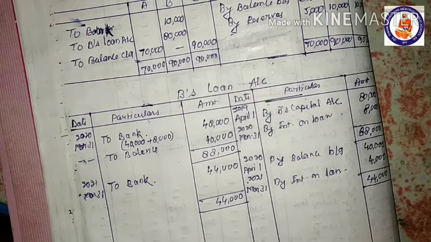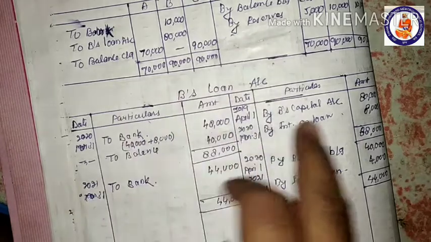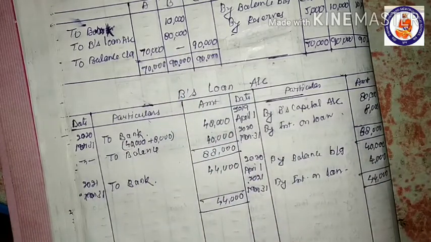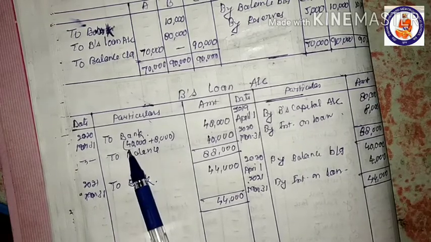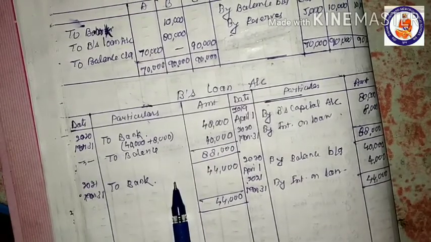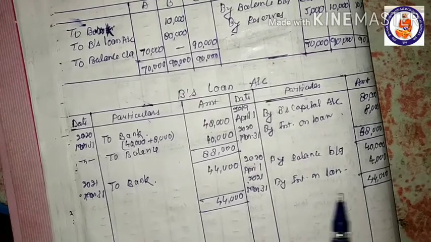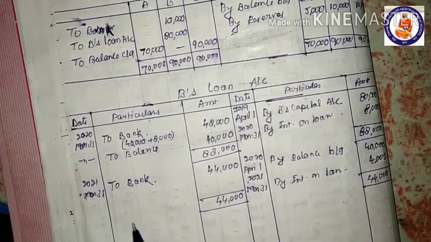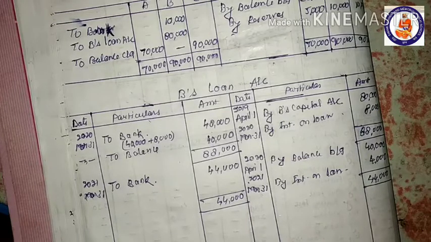If the question says 30,000 plus interest is to be paid every year and the balance in the last year, then we would put to bank 30,000 plus interest, and next year also 30,000 plus interest, and whatever balance comes up in the third year will be paid in the third year, the complete amount. So this can be done.